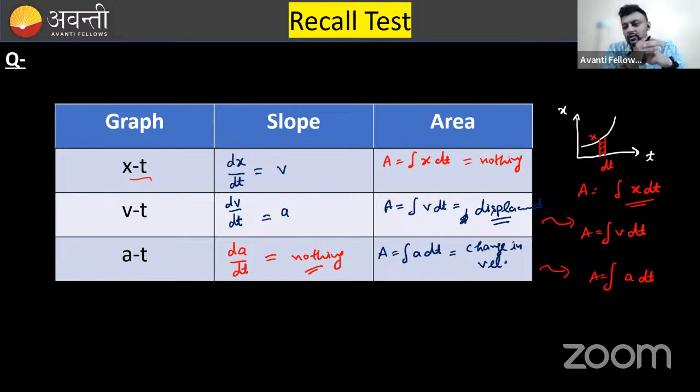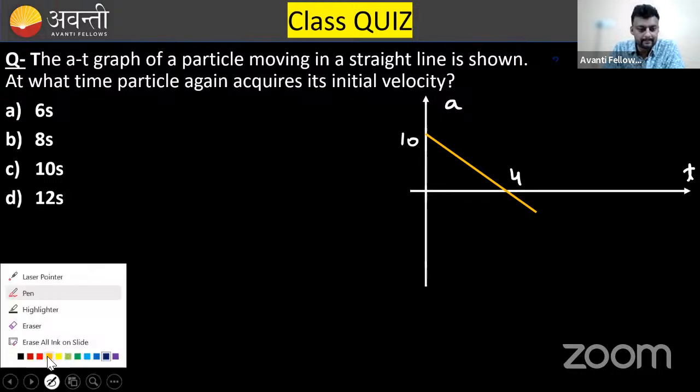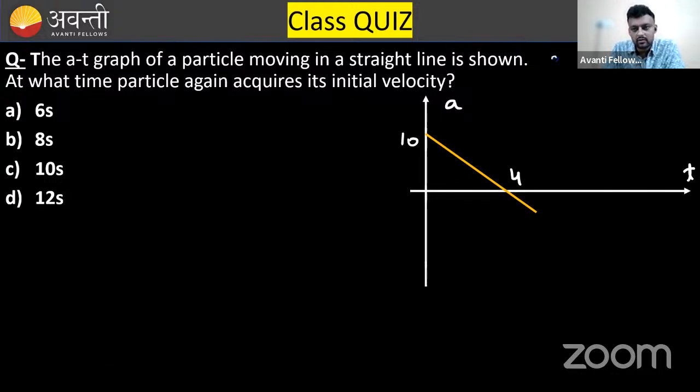Now, in this class, just do one question, and after that, we will start with today's topic. There is a question for you, and you should answer it. You have some 30 seconds to answer the question.